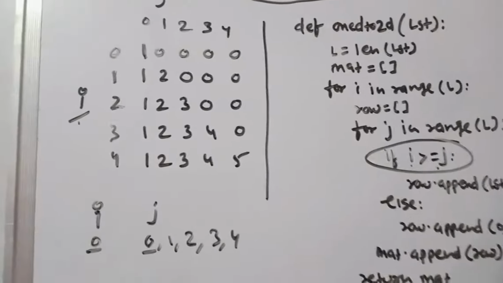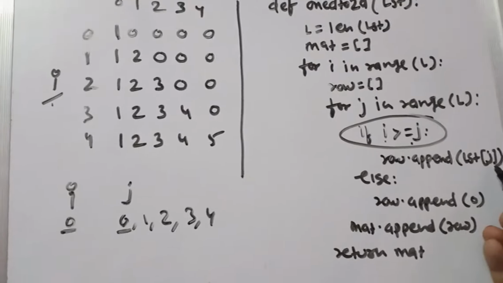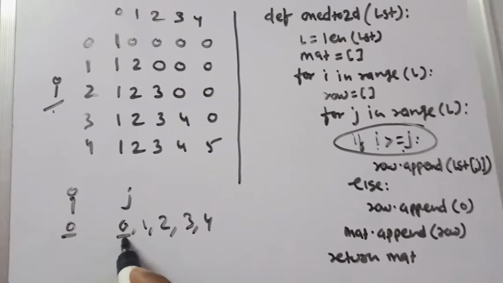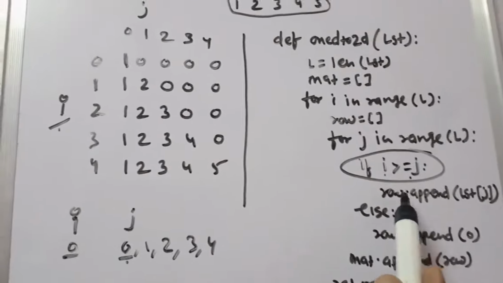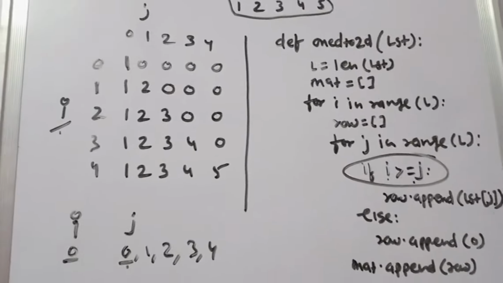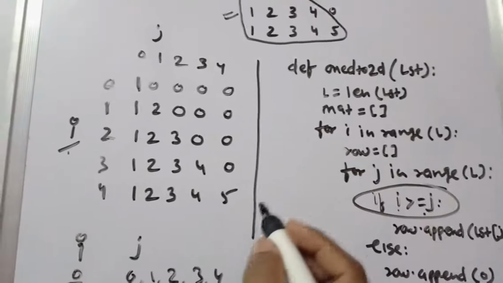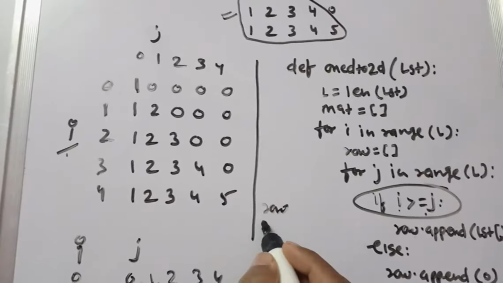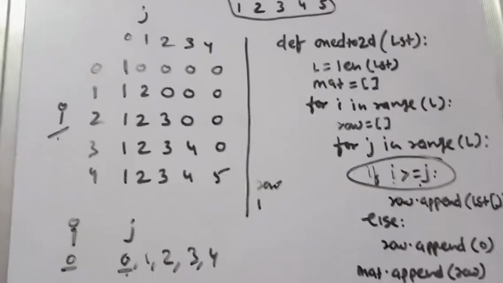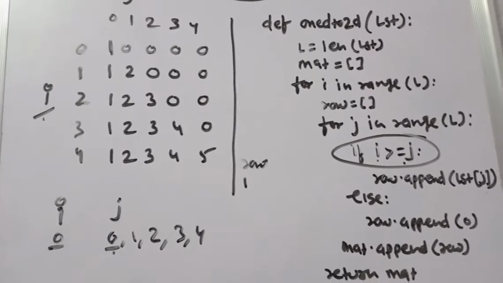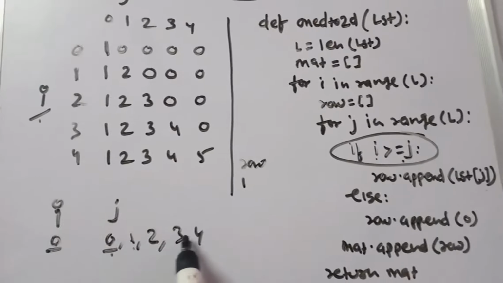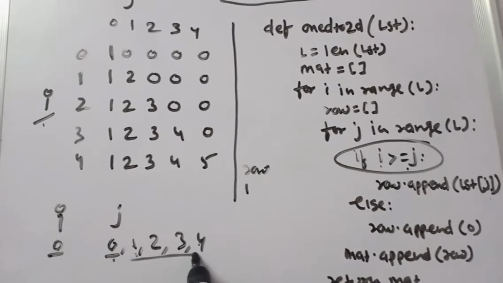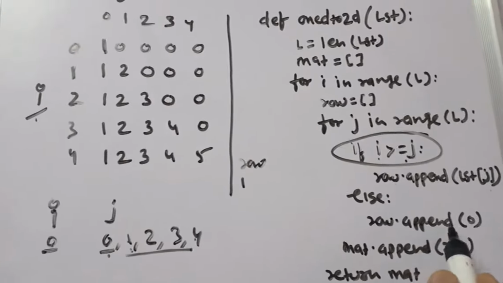So when the equal situation is true, the J value, J means 0, value from the linear list is transferred into the inner row. The value of row will be 1. In any other case, here in the first rotation, 0 is not greater than or equal to J, so in all 4 cases the else part will be executed.